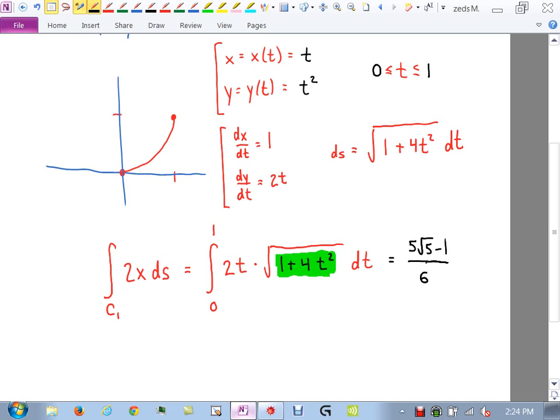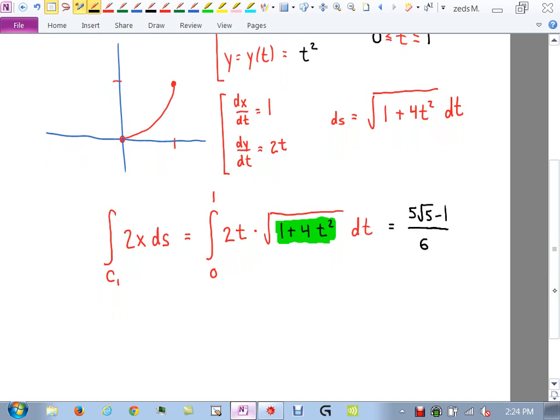Now, we've only done over C1, right? Now let's do C2. Questions, though? Over C2, I'm going from, let's see, it's a line segment, right? It goes from (1, 1) to (1, 2).